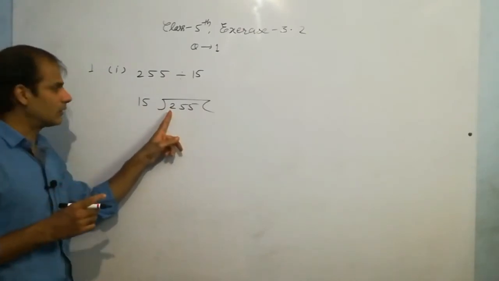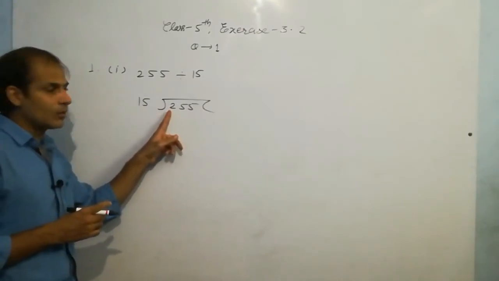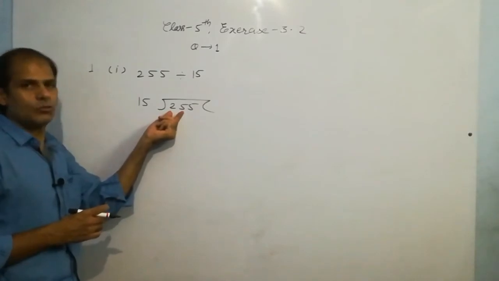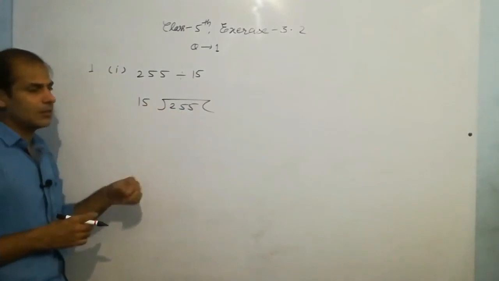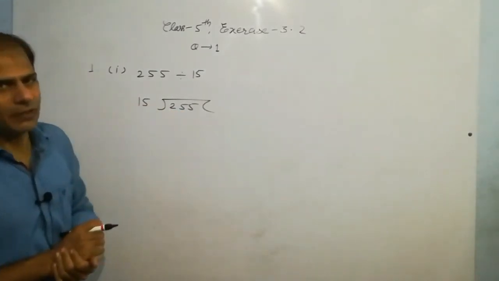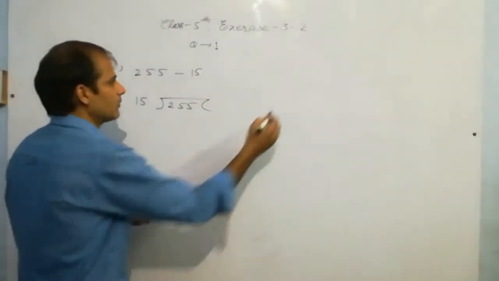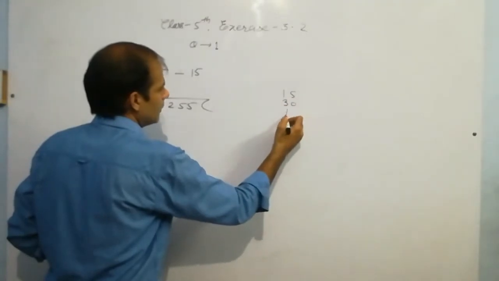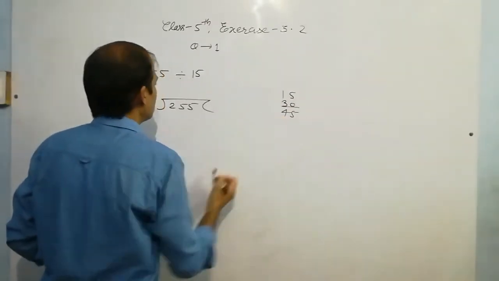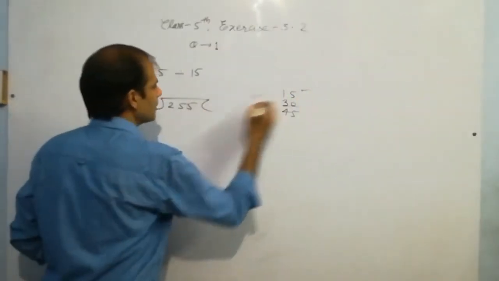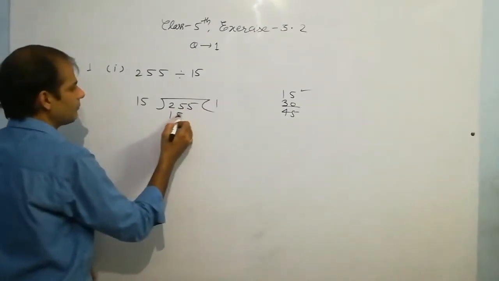You have to consider this first digit, it is smaller, then consider these two digits. 25, it is bigger than 15, so divide 25 by 15. 15 1 ja 15, 15 2 ja 30. 30 is bigger. See, this is the table, so 30 is bigger than 25, so we will consider 15 1 ja 15.